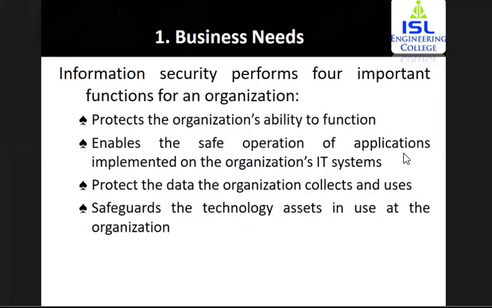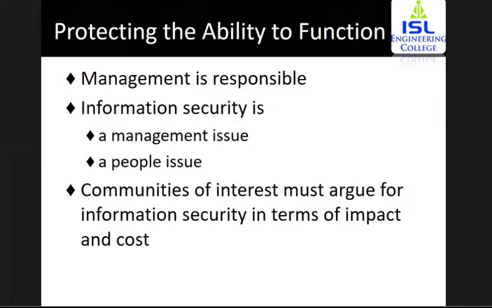Coming on to the first one, protecting the ability to function. We have already studied that management is responsible for the successful implementation of information security. There are normally two types of management within a particular organization: general management and information technology management.